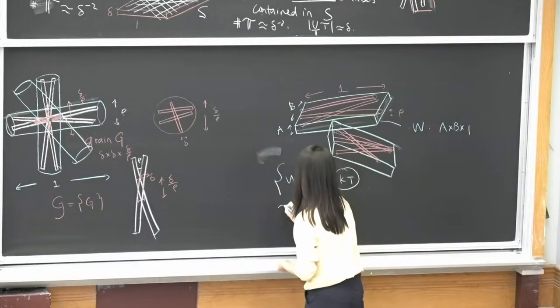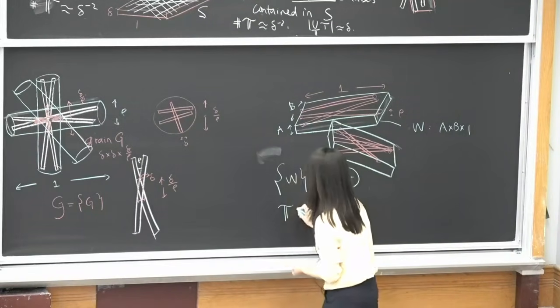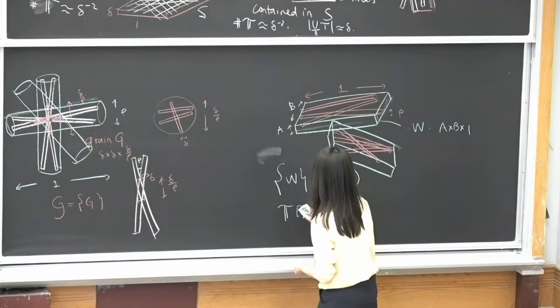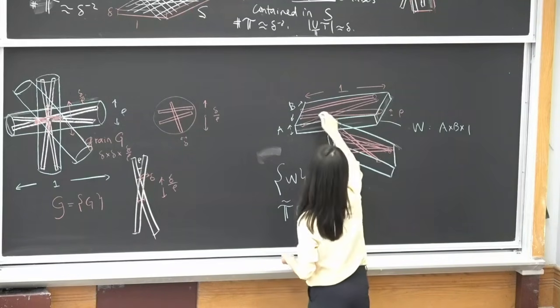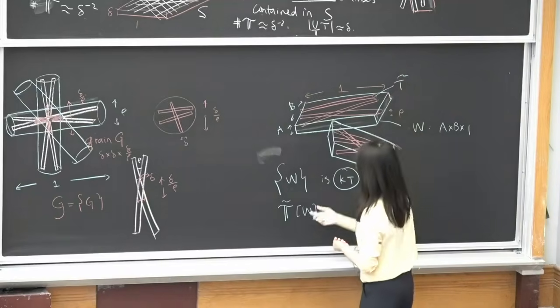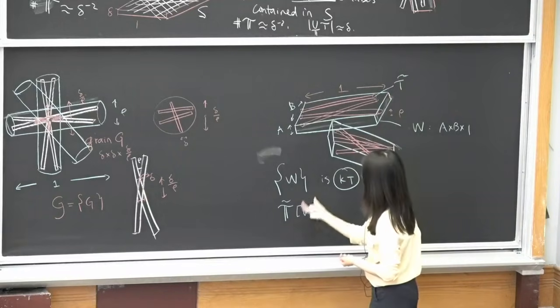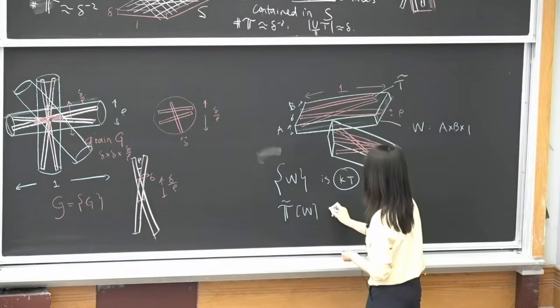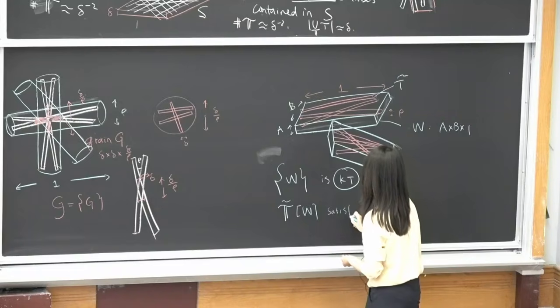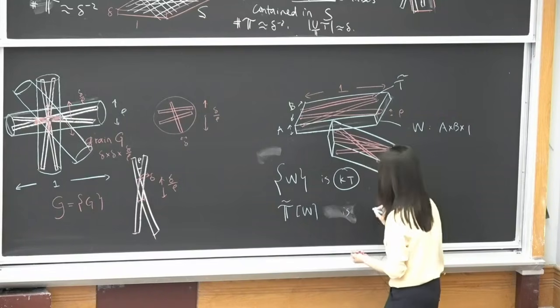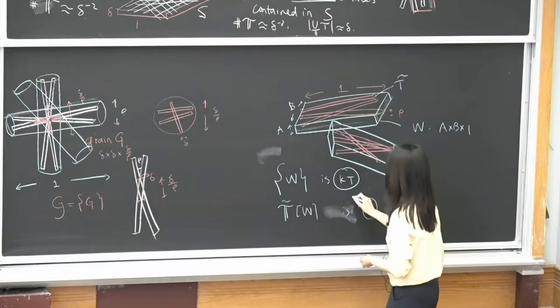And then, let's say those tubes are T. For each W, those rho tubes contained in W satisfy the Frostman condition, rescaled.